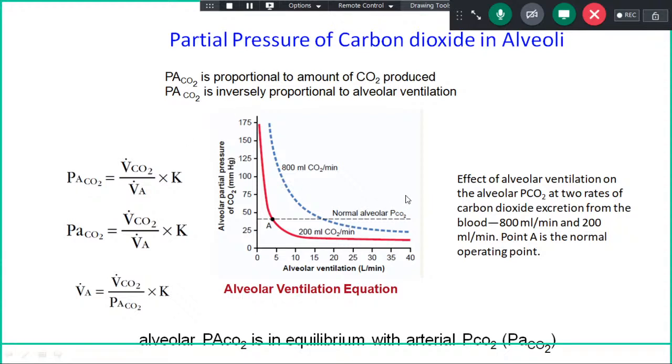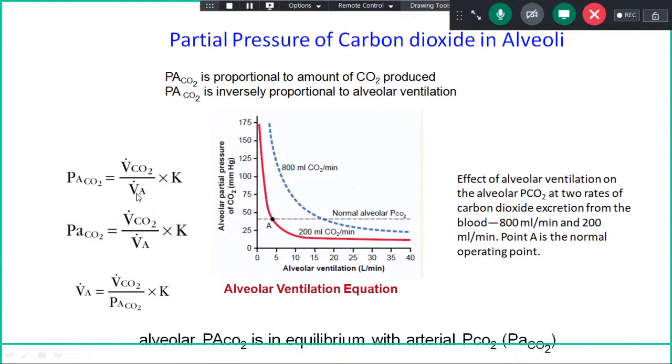It is dependent upon the amount of CO2 produced in the body and is inversely proportional to its removal by the alveolar ventilation. So the more the alveolar ventilation, the less will be the alveolar level of CO2. The more the body production, the more will be the alveolar level of CO2.